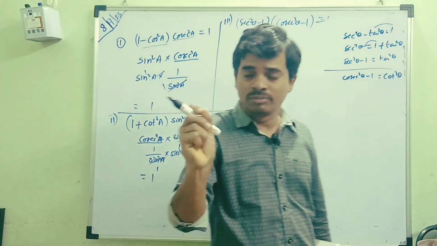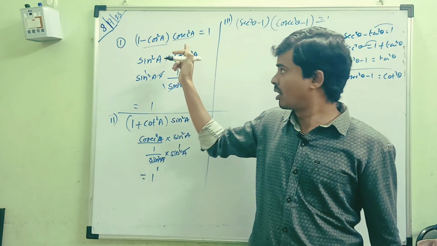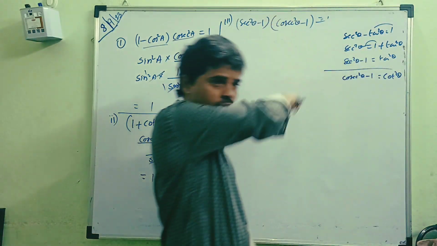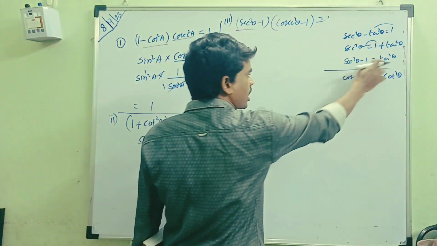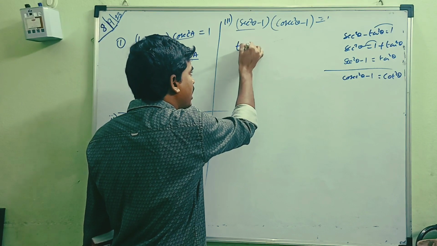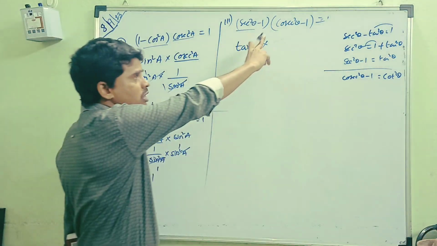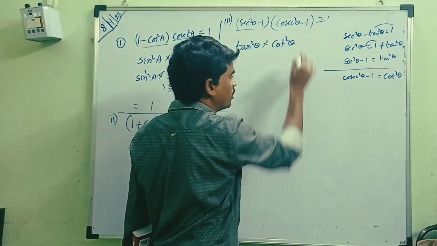So like that, in the previous problem we changed only one, not the second one. But here we need to change 2. That is the requirement here. Secant square theta minus 1 we can replace with tan square theta, into cosecant square theta minus 1 we can replace with cot square theta.